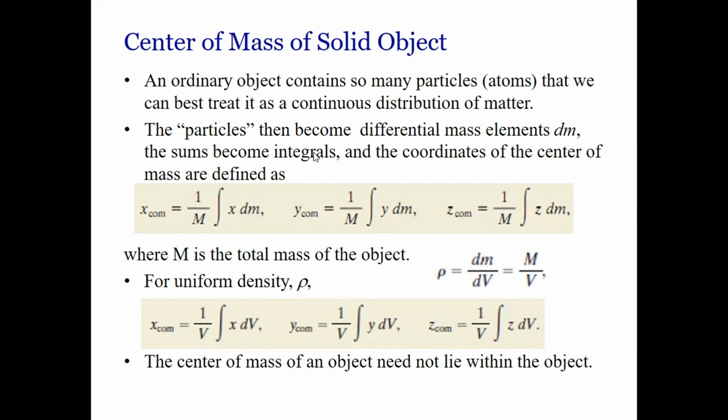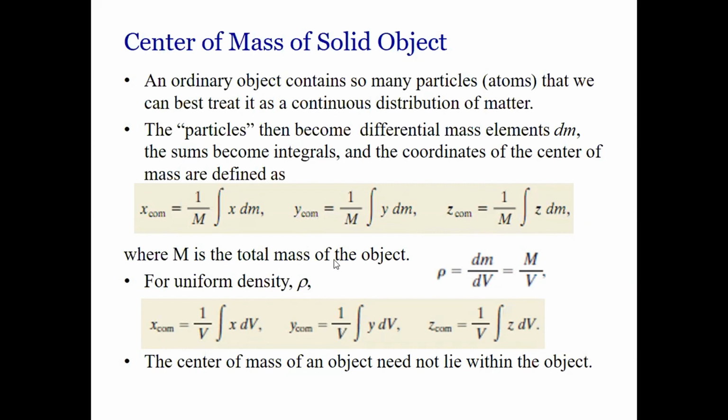Then the sum becomes an integral, and the coordinates of the center of mass are defined as follows. The x coordinate is 1 divided by m times the integral of x dm. Similarly, the y coordinate is 1 over m times the integral of y dm, and the z coordinate is 1 over m times the integral of z dm.